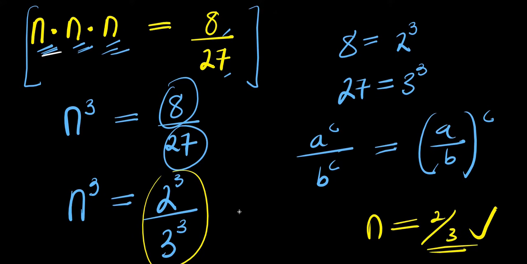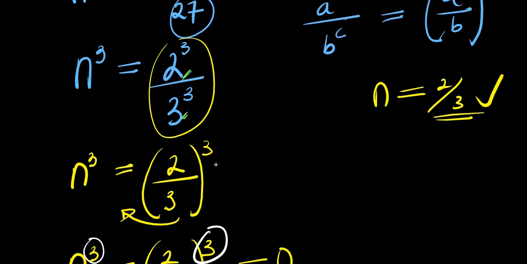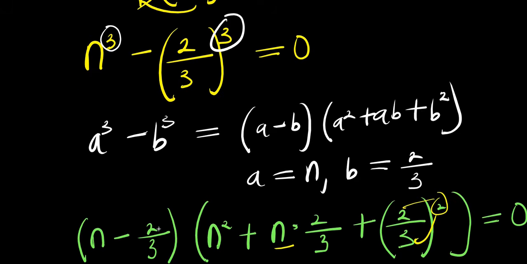So for you to solve this problem, you need to express this and this in this particular form. You can factor out the common exponent, which is 3, and from there you form a cubic equation. And from here you can expand it using this identity.